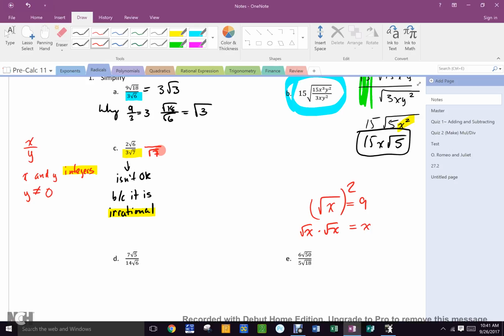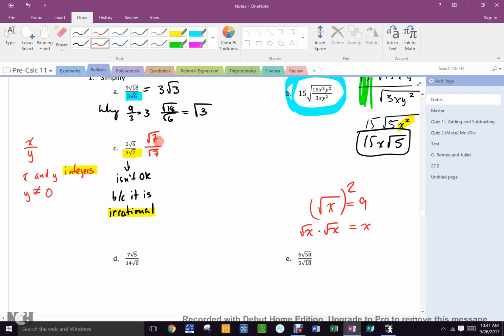Am I allowed to do something to only the denominator? No. So if I multiplied the denominator by root 7, what must I also do to the numerator? Multiply by root 7. Now you guys are also smart kids because you should recognize what root 7 divided by root 7 equals. 1. So if I multiply this expression by 1, does it change its value?